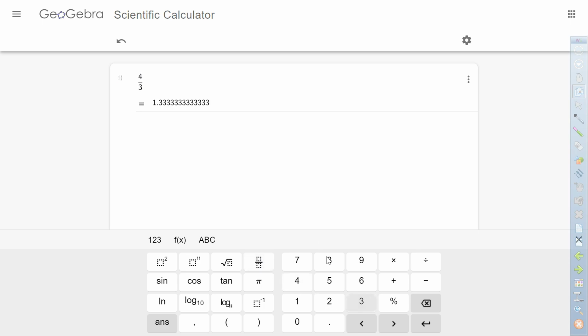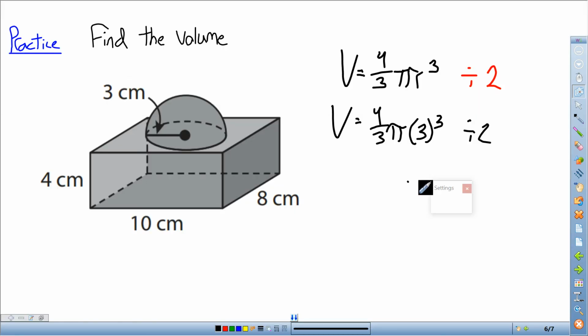Then I press enter and divide the answer by 2. I'm getting 56.54, so we'll say 56.5. That's the volume of the hemisphere, the half sphere.